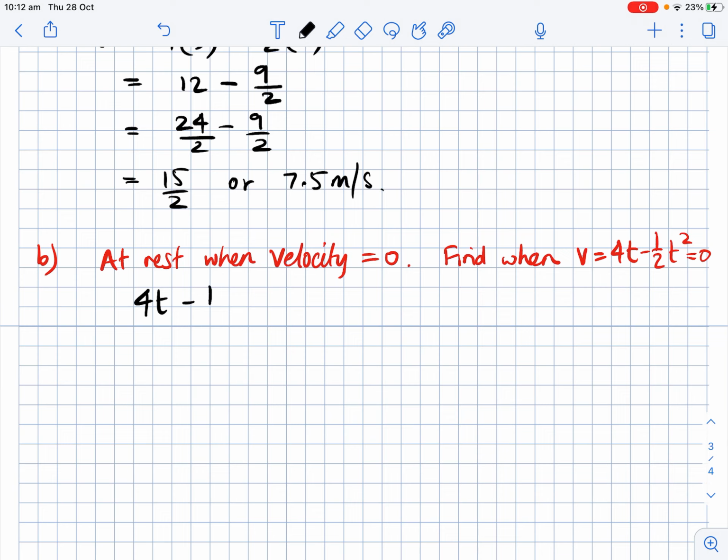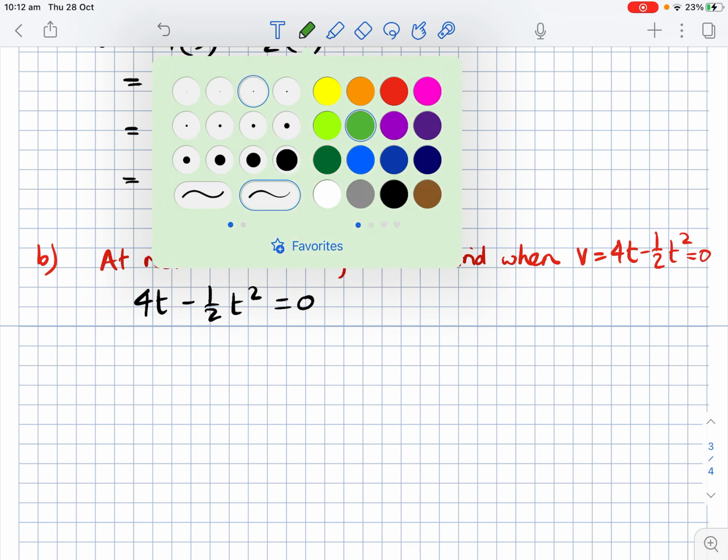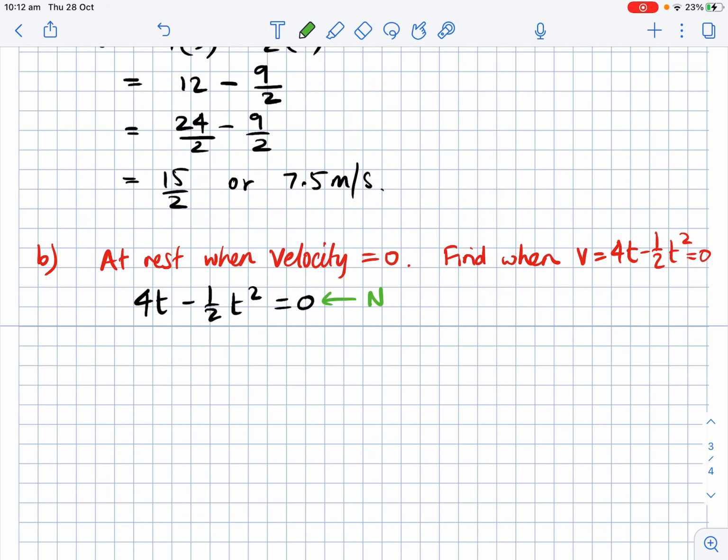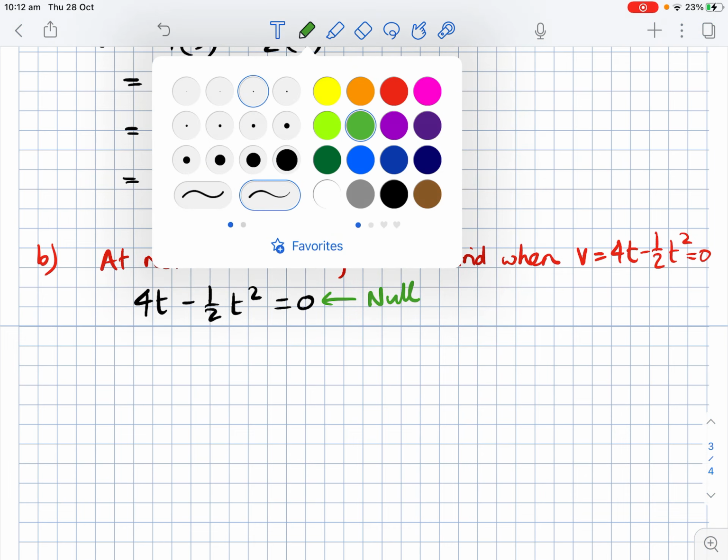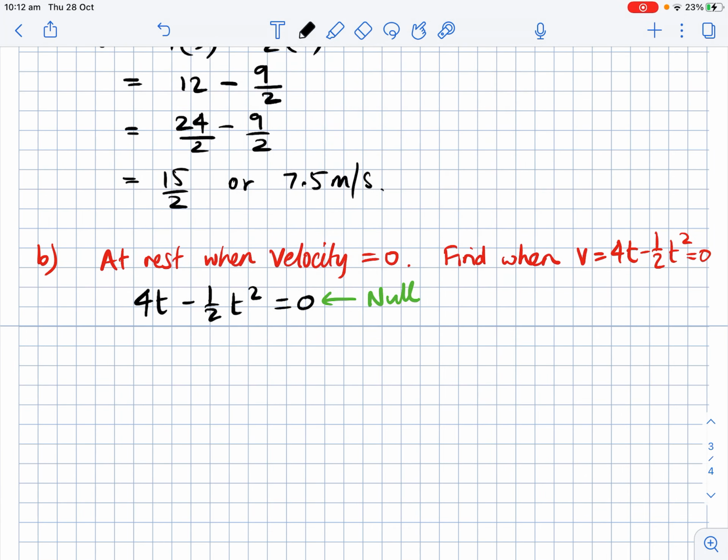I want to find out when 4t minus a half t squared equals 0, and what you should notice is we have a null factor situation. So I'm going to try and solve this using the null factor law. That's the little reminder that goes in my head. First thing I'm going to do is take out a common factor of t. And then from that, either t equals 0.